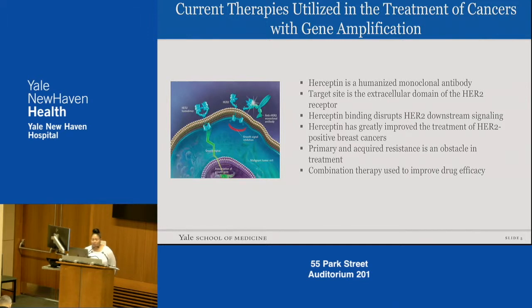Some people will tell you that because of Herceptin, we've had almost a cure for HER2-positive breast cancers. But unfortunately, primary and acquired resistance does occur in some of these patients. So there still is a need to find new therapies for the treatment of these particular cancers.